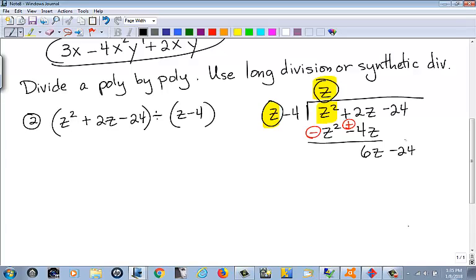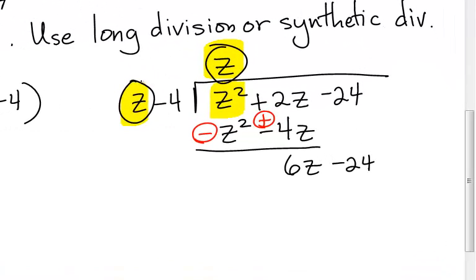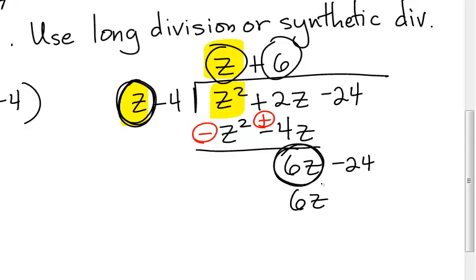Now you look just at this first term and this first term and say, what do I need up here in my answer? Yep, it has to be a positive 6. Now multiply. 6 times z is 6z. 6 times a negative 4 is negative 24.